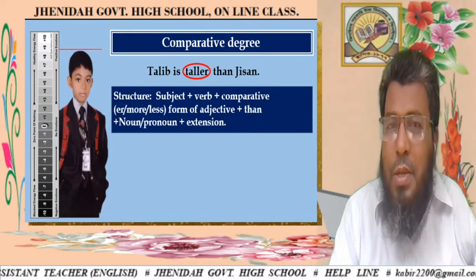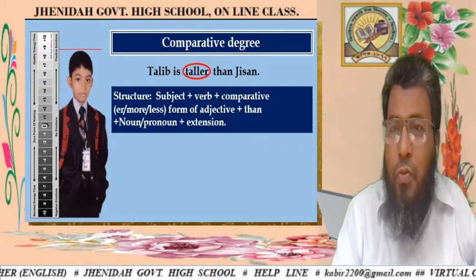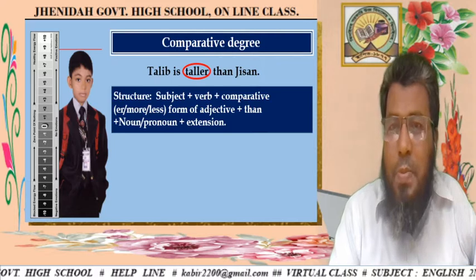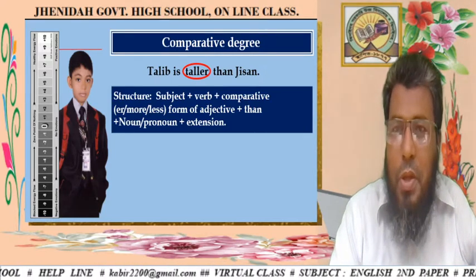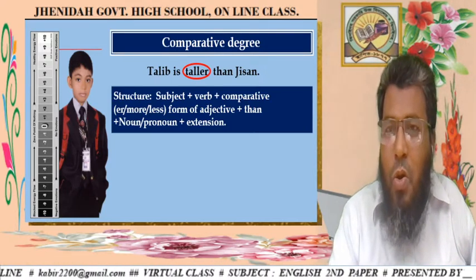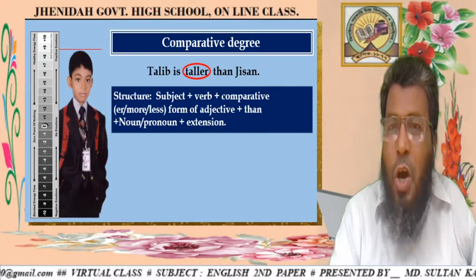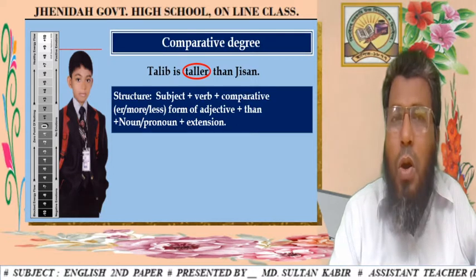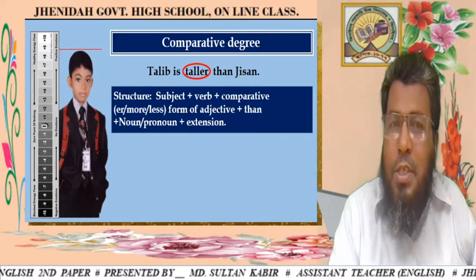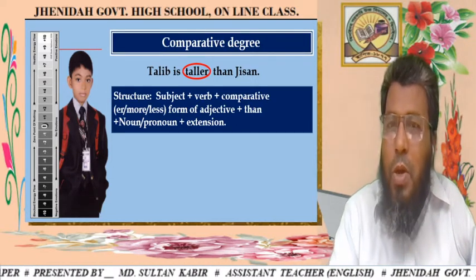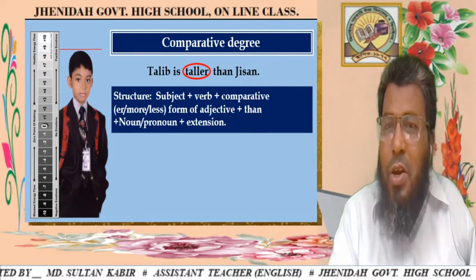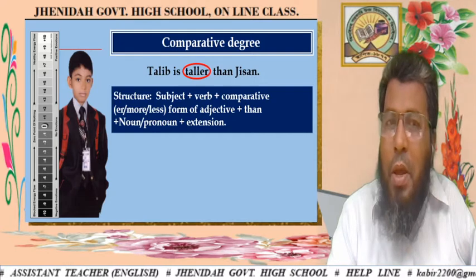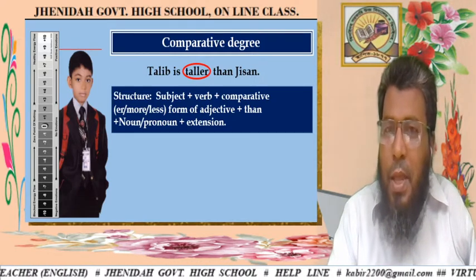Now look at the general structure of the comparative degree: subject plus verb plus comparative form of adjective, plus noun or pronoun plus extension. That is the comparative form of adjective, that means when you form an adjective into the comparative form, you must add er at the end of the adjective, or more or less at the beginning of the adjective.